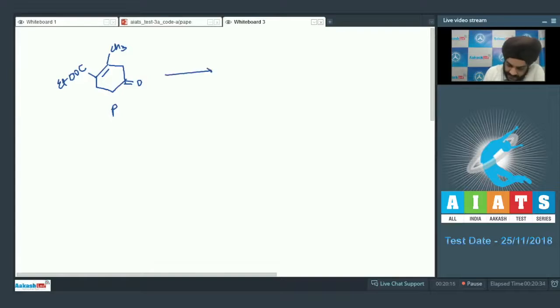And when it is subjected to catalytic hydrogenation, we are going to have this. Let's call it structure X. As we had seen, the double bond shall be removed and this ester shall be converted into an alcohol.